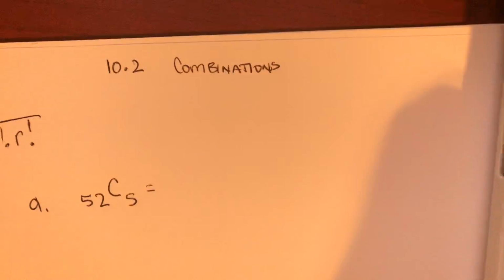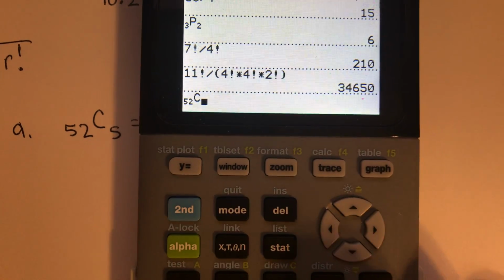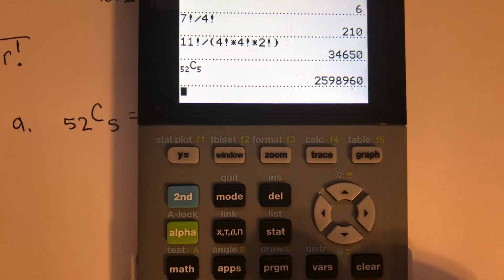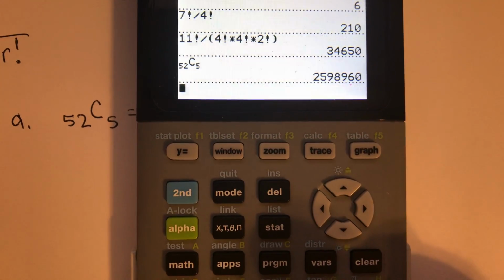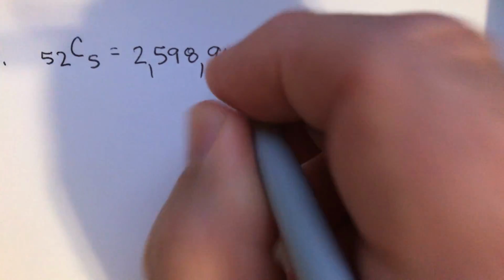I do 52, and I get this large number, 2,598,960. That's how many different hands I can draw.